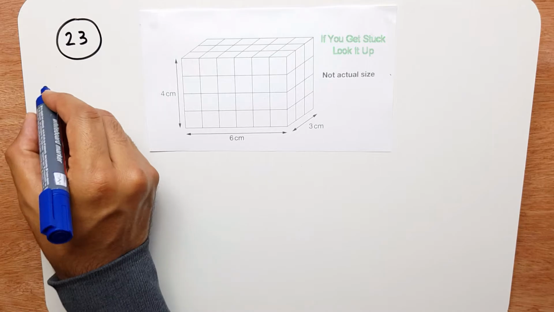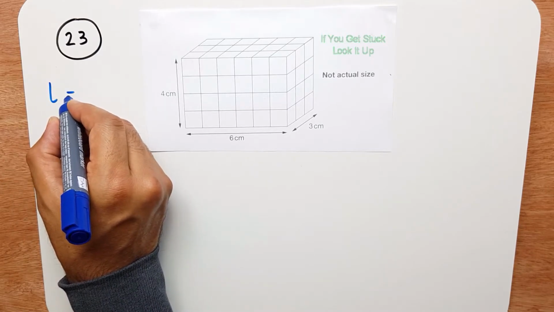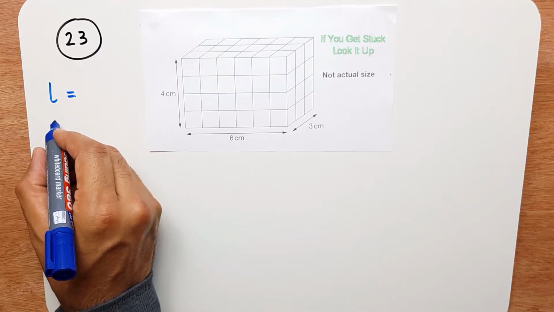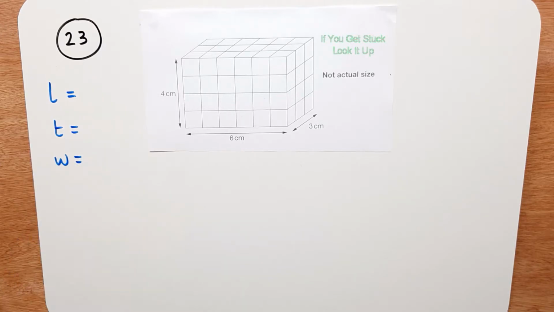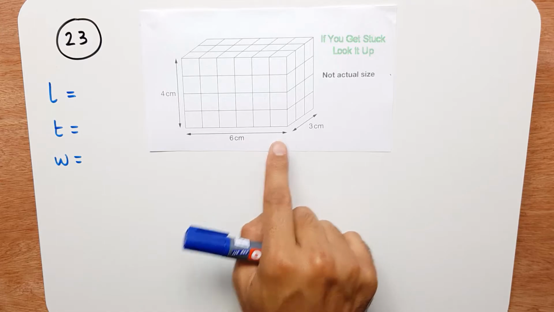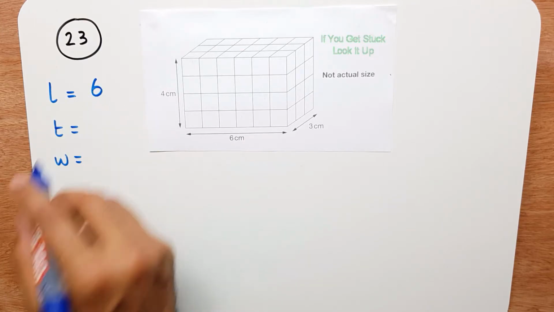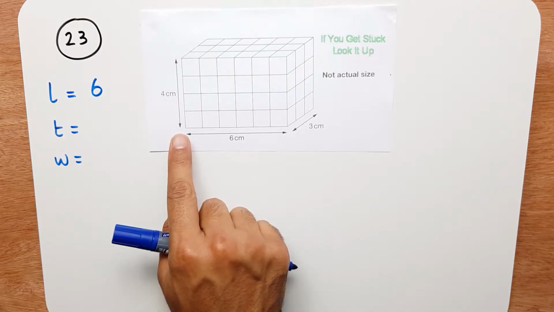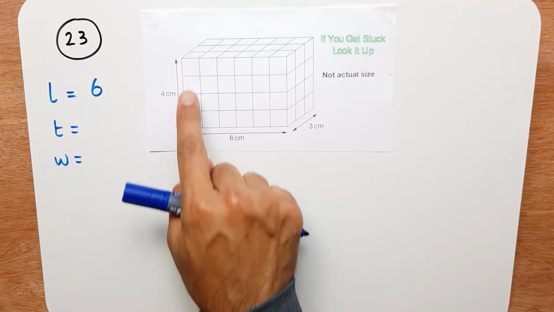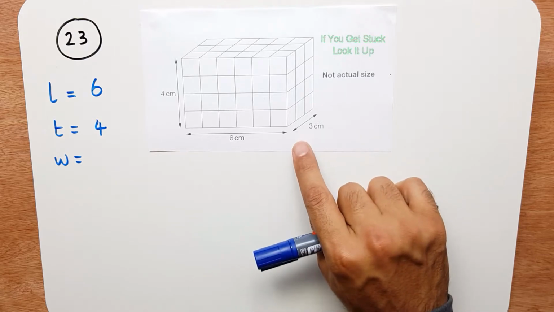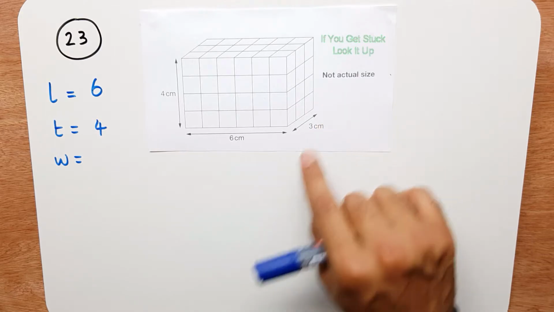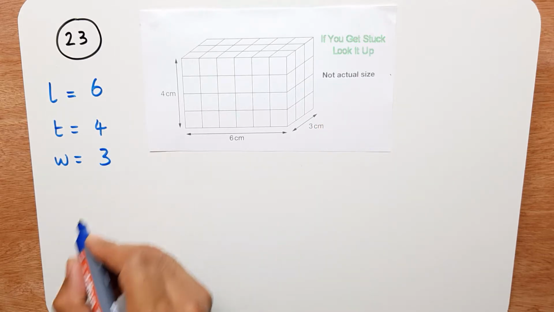So we need to figure out how long it is, how tall it is, and how wide it is. So let's look at the length. It's 6. And the height, or how tall it is, it's 4. And how wide it is, it's 3.